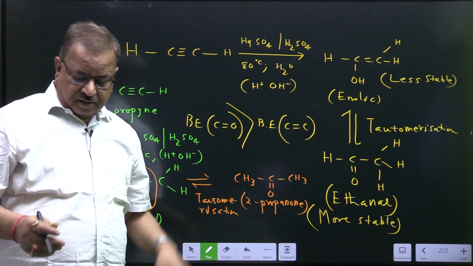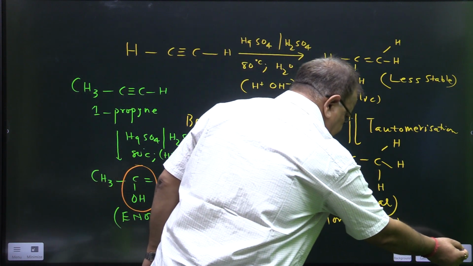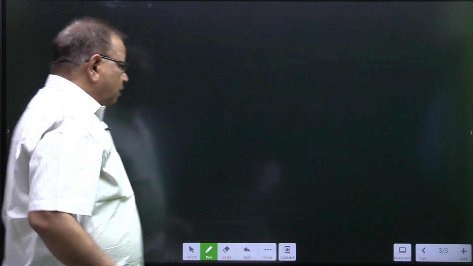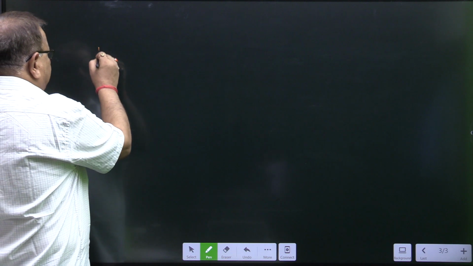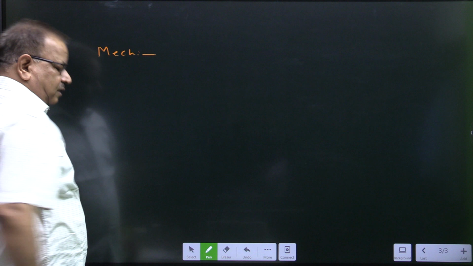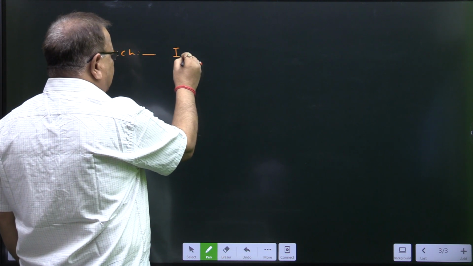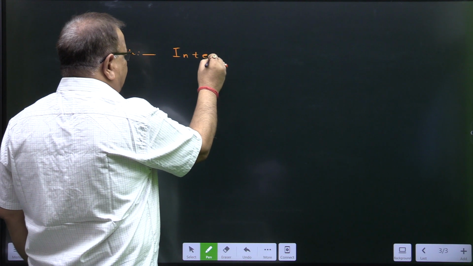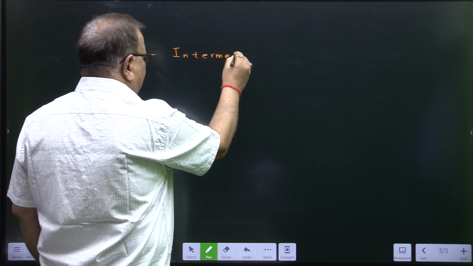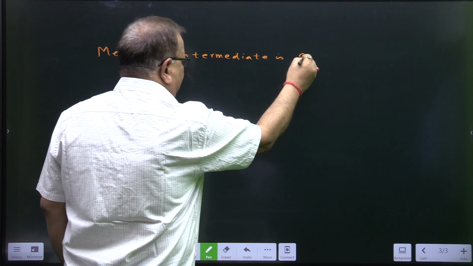Let us understand the case of other types of alkynes. Just take an example. It's a mechanism. The intermediate is a carbon ion.